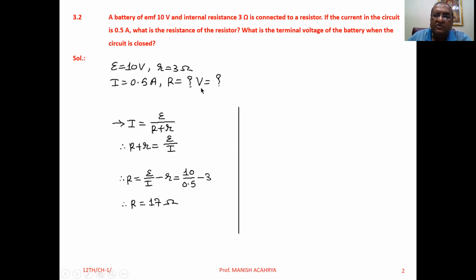Now we have to calculate terminal voltage. So terminal voltage V is equal to IR. So we can write I, that is 0.5, into 17. So that is 8.5 volt. Clear?